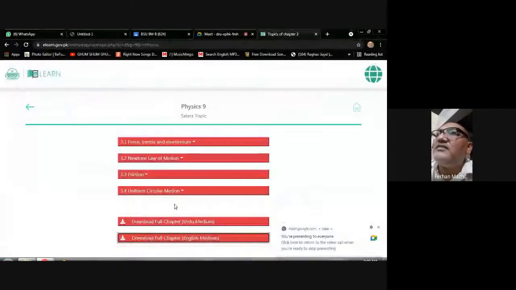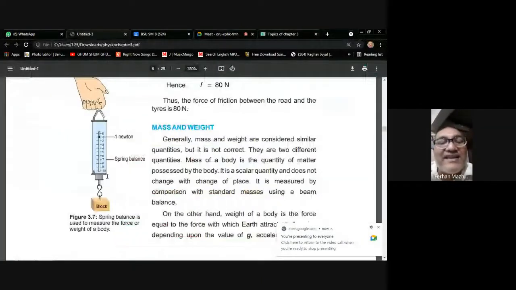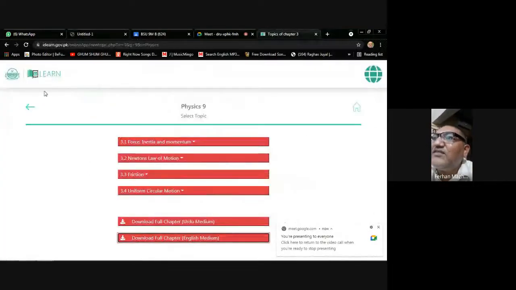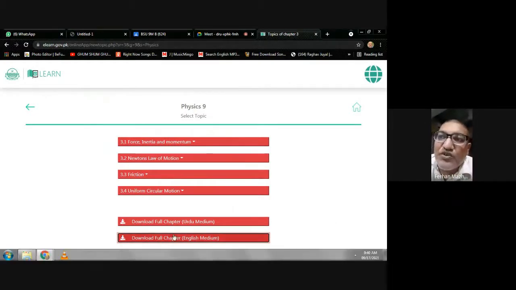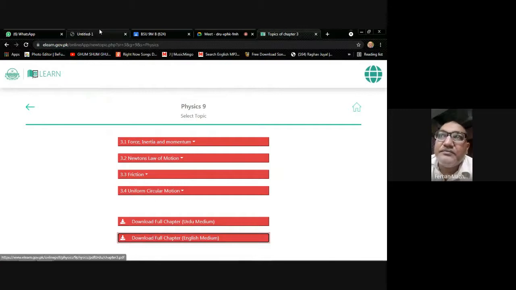Do you know from where I get this online soft copy of this book? Yes, this is eLearn Punjab. That website, elearn.gov.pk. All your books are available there in soft copy. I can download the book from there. You see, I have opened this book and downloaded this chapter.